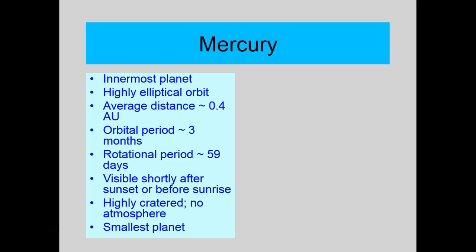So in other words, see if I can figure this right, if this is their year, 3 months, and 2 months of that is 1 day, then that's about a day and a half every year.